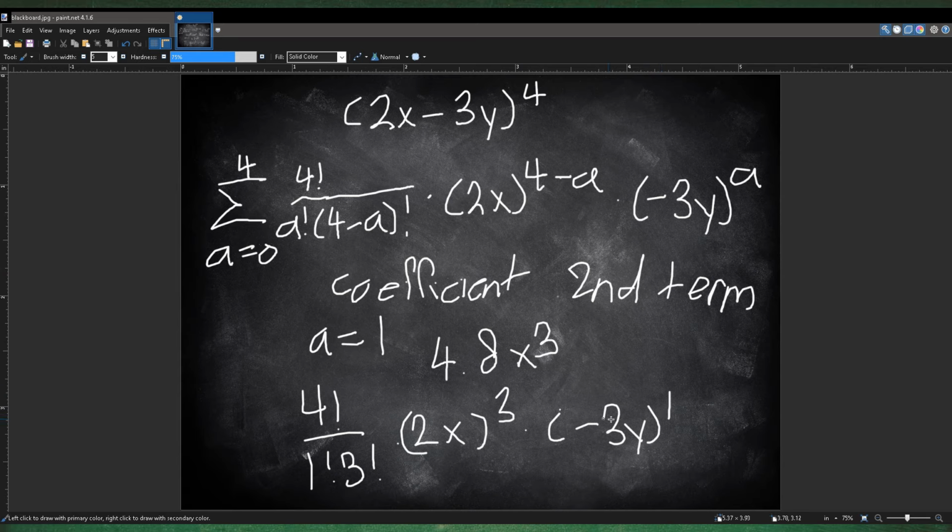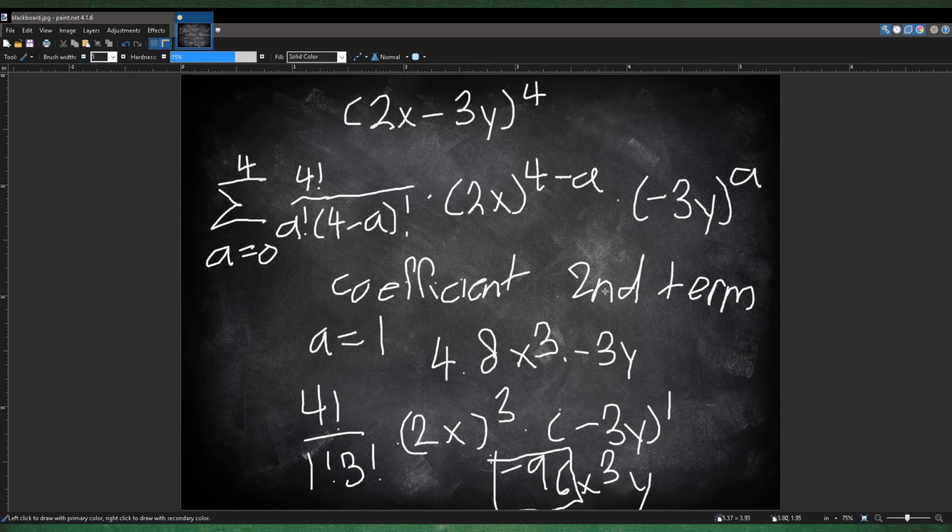Then you have negative 3y. So you have 4 times 8 times negative 3, which gets you negative 96 x cubed y. So the coefficient of the second term would be negative 96 x cubed times y.